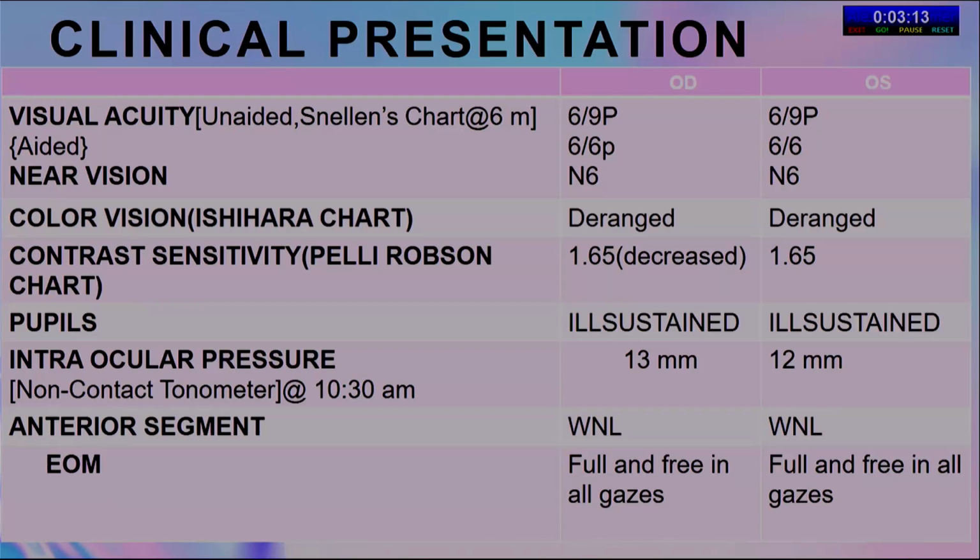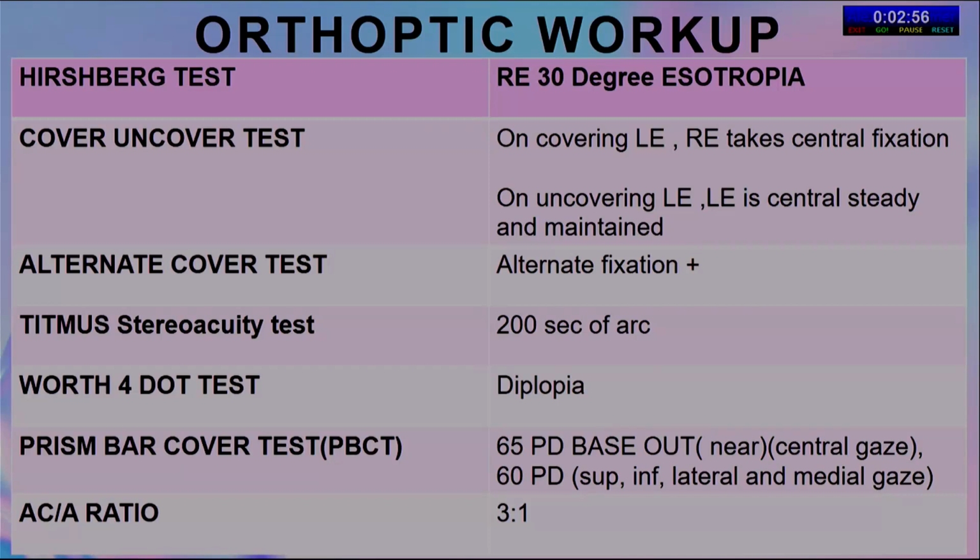At clinical presentation, the deranged parameters were color vision and contrast sensitivity; color vision was deranged and contrast sensitivity was decreased to 1.65, and pupillary reaction was ill sustained. Coming to the orthoptic workup, Hirschberg test showed right eye 30-degree esotropia.